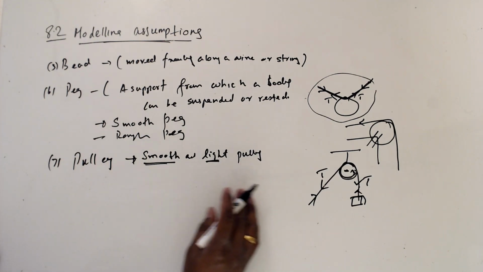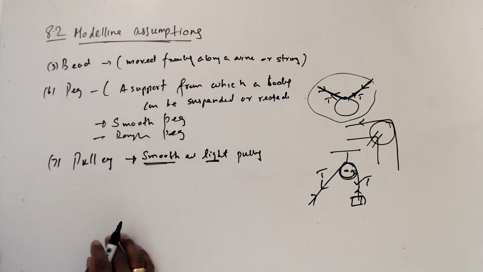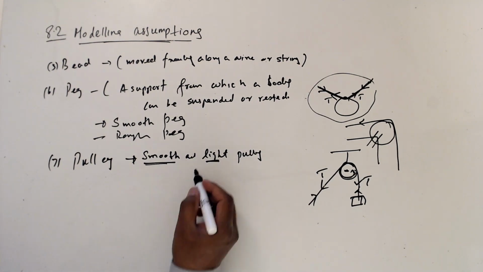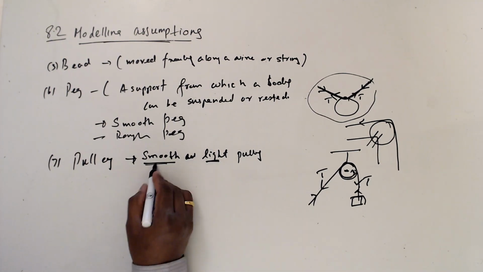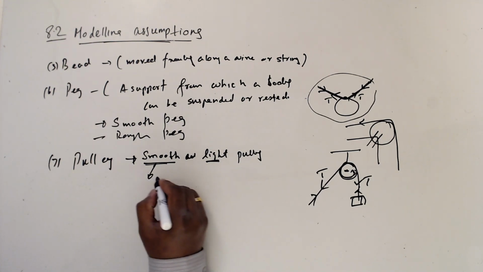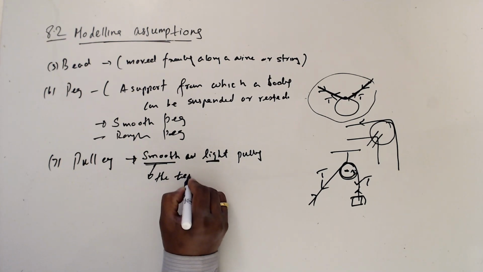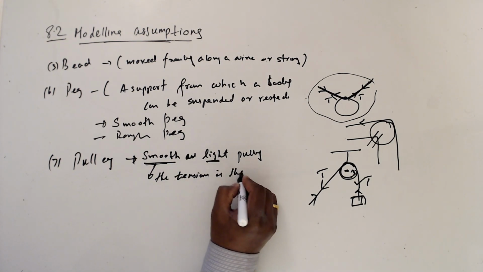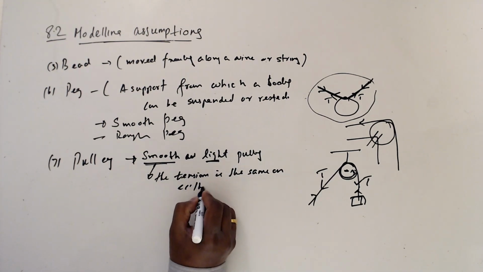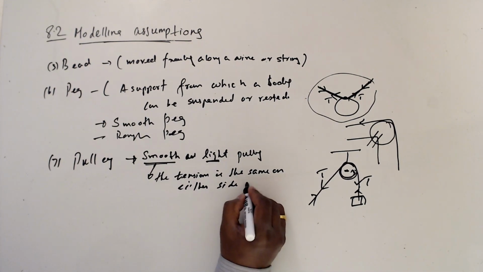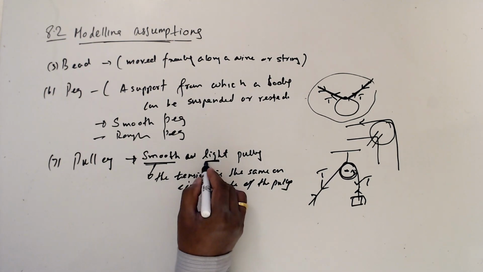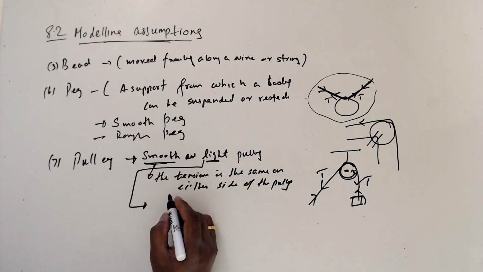We don't discuss rough and heavy pulleys at A level. With smooth, the tension is the same on either side of the pulley. With the word light, mass is disregarded.